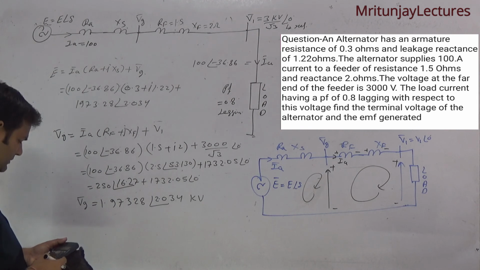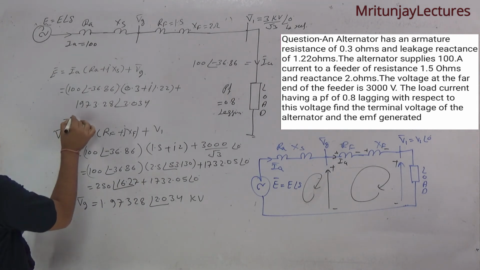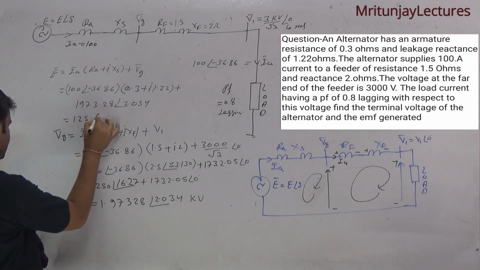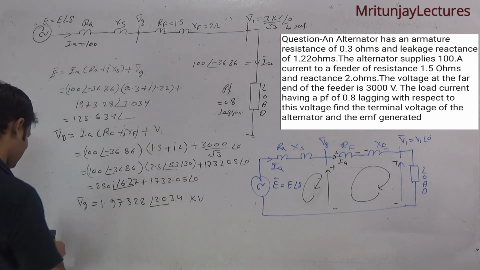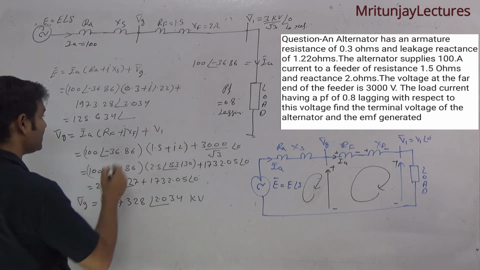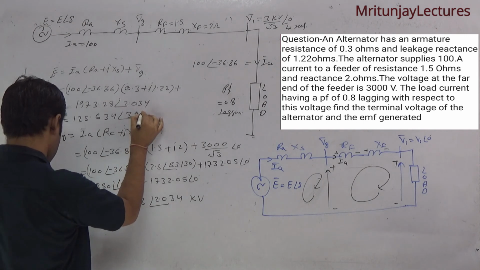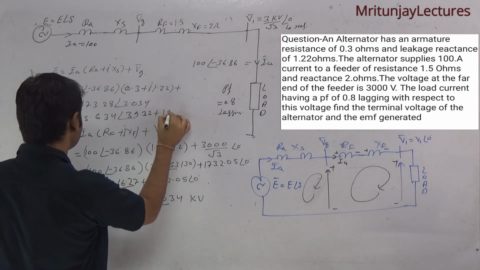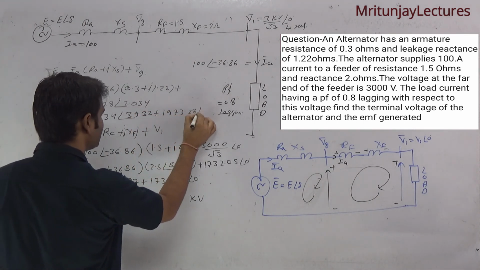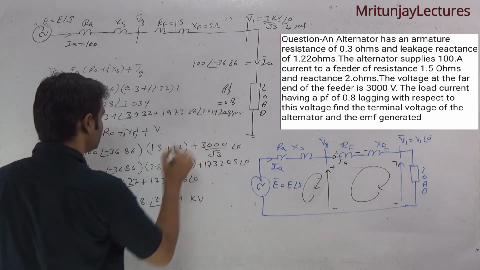That gives 125.634 at the angle 39.32 plus 1973.28 at the angle 2.034.